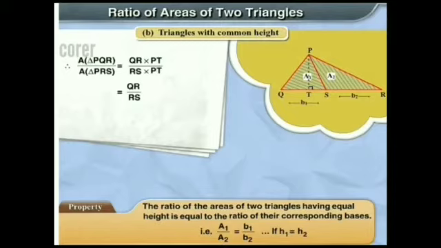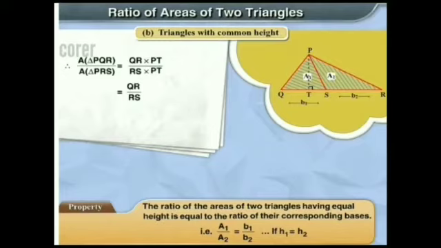Now height is common, that means PT is present in numerator as well as denominator. So it gets cancelled, and what we get is QR upon RS, that is B1 upon B2.